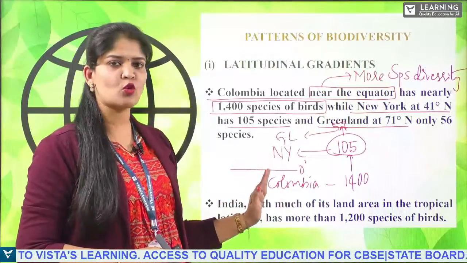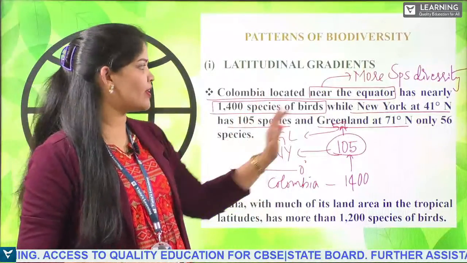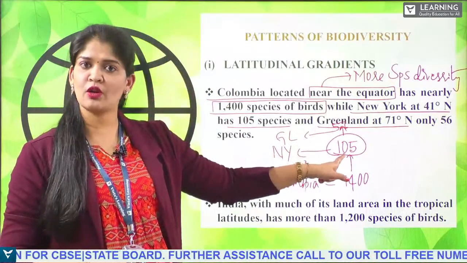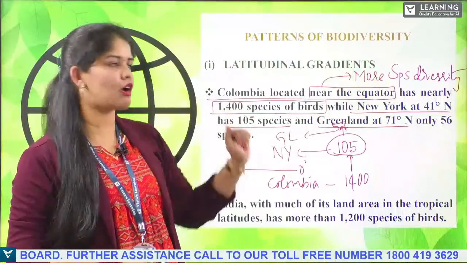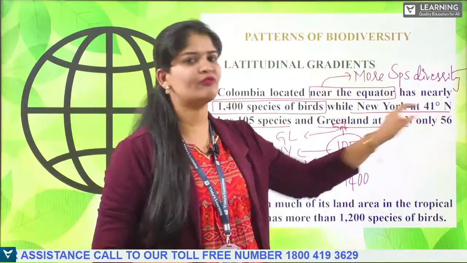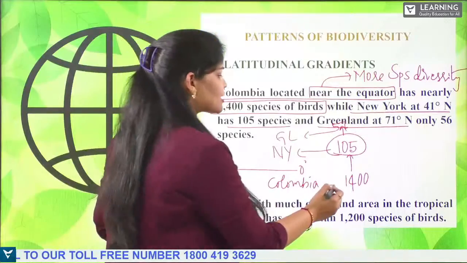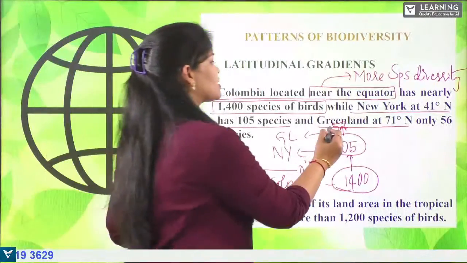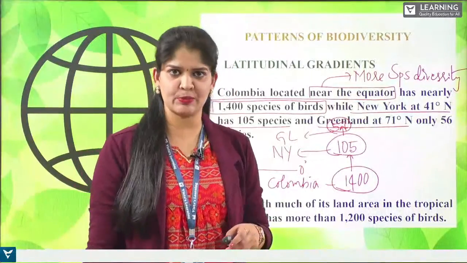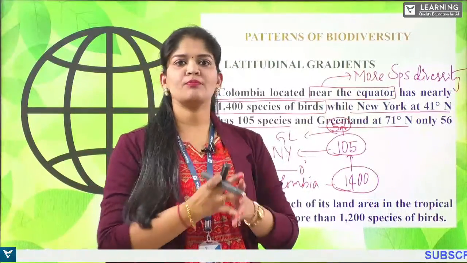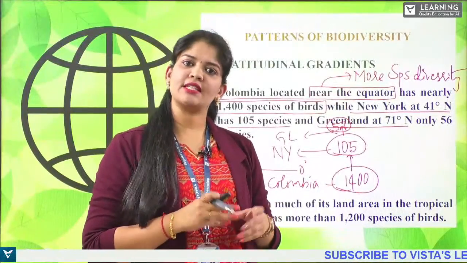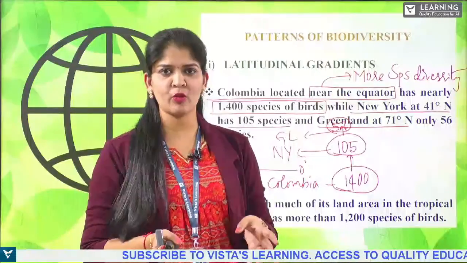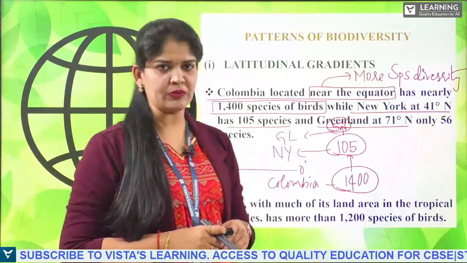If we move close to the North Pole, starting at 41, that is Newark, we find only 105. Still moving towards the North Pole, that is Greenland, we find 56. So the number has been reduced from 1400 to 105, and finally it reaches 56 bird species. That is what we can understand, that the species diversity is more at the equator, and if you move close to either of the poles, there is a decrease in the species biodiversity.